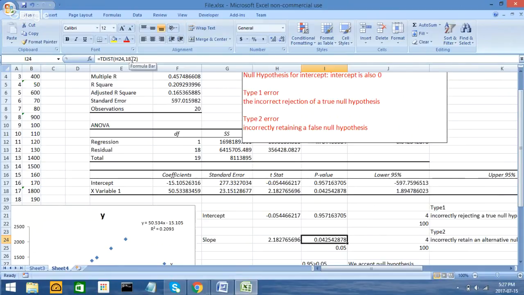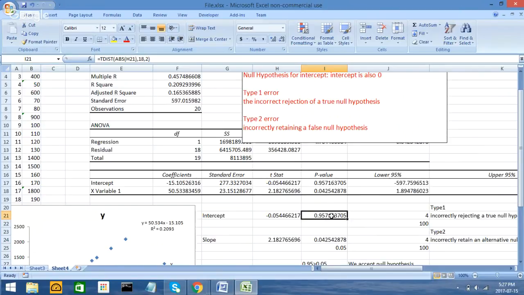Now let's try to change the probability associated with the intercept into numbers. But before we do that, let me remind you of what the type 1 error is. Type 1 error occurs when we incorrectly reject a true null hypothesis. Okay, so now back to the p-value.